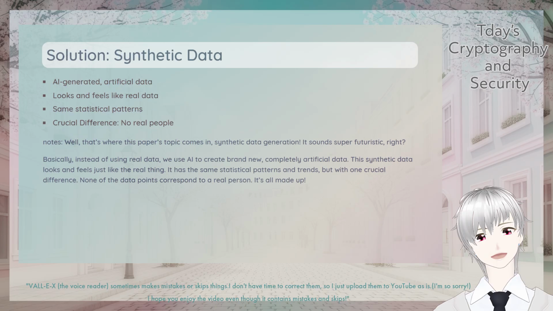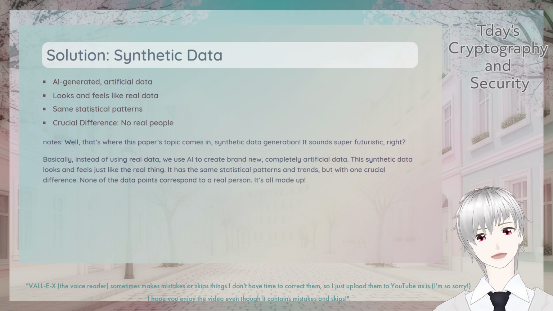Well, that's where this paper's topic comes in. Synthetic data generation. It sounds super futuristic, right? Basically, instead of using real data, you use AI to create brand new, completely artificial data. This synthetic data looks and feels just like the real thing. It has the same statistical patterns and trends, but with one crucial difference.